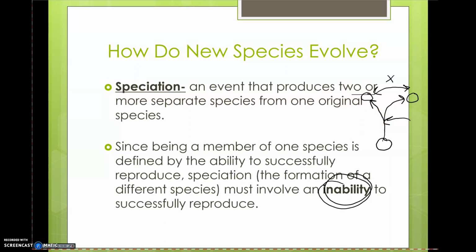And it stayed that way, and natural selection worked on each of these long enough that this one over here is now different enough from this group of organisms. No, we're not talking about one organism, we're talking about groups of organisms. They are different enough from each other that they can no longer mate together. So we'd say speciation has happened, and now we have two different species.